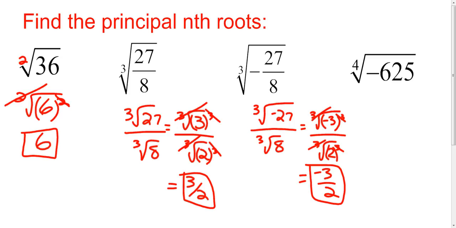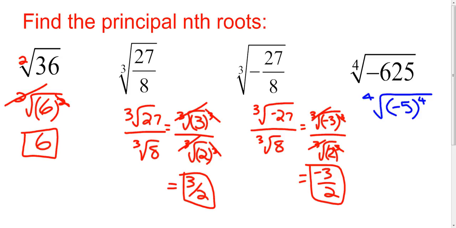The next example, when you take negative 625, this is what I will tell you. This is really the fourth root of negative 625. And here's the deal. Lots of people think, okay, well, that's negative 5 to the fourth power.